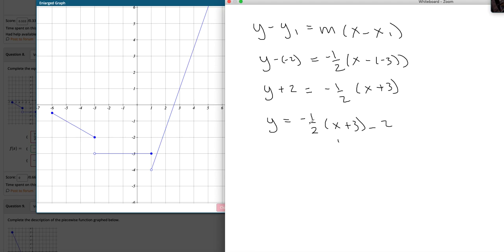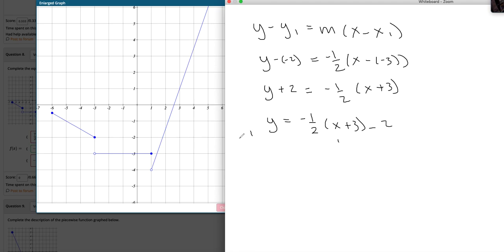I'm sorry, I said that backwards at first. And then this inside one, that +3 means it went left 3 from the origin, and that -2 means it went down 2. And there's that point right there that we used. That's coming up in the next chapter, but for now, that gets you the line.